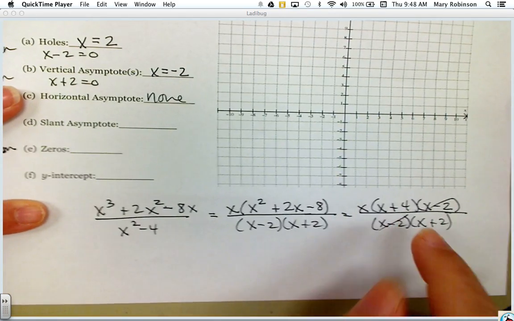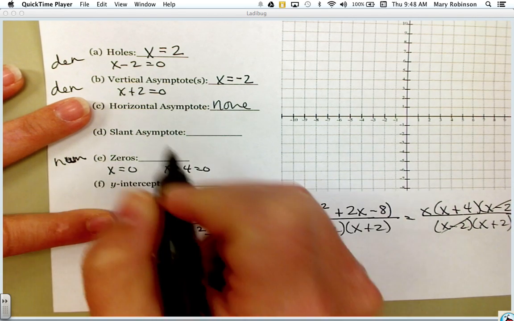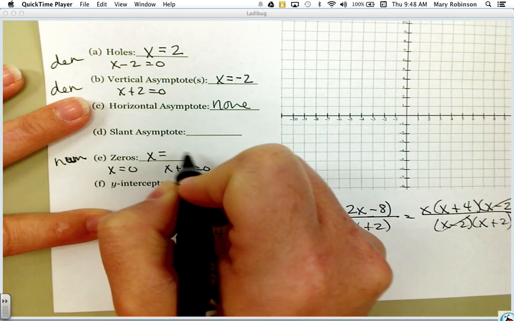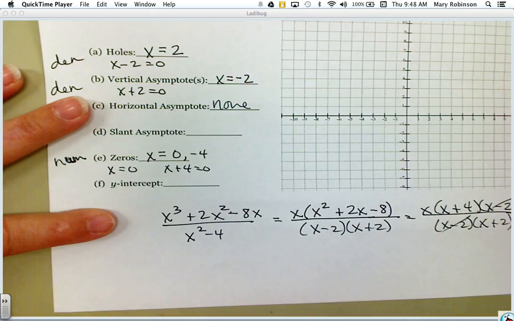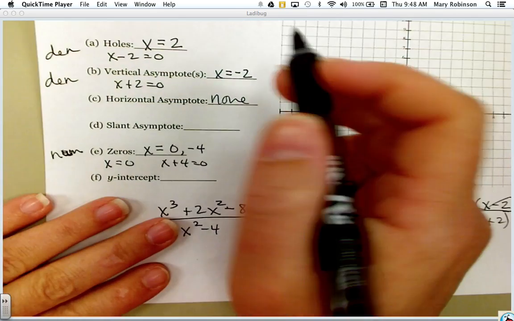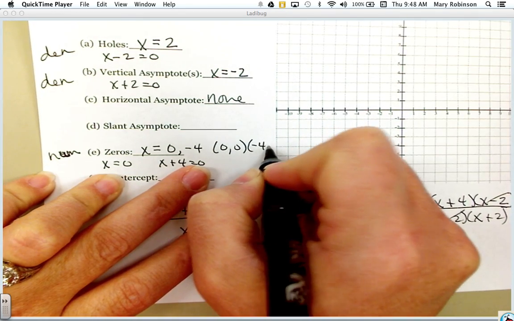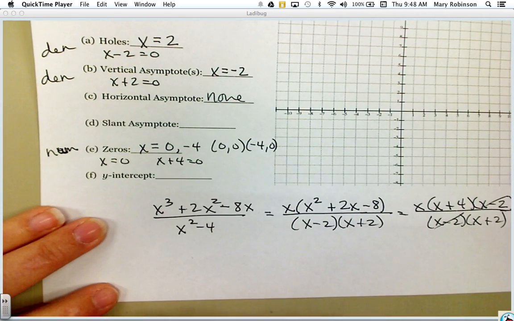So the factors that did not cancel. So if we set x equal to 0 and x plus 4 equal to 0, we would have x-intercepts at 0 and at -4. But don't put parentheses. If you put parentheses, it'll look like an ordered pair. It would be okay, however, to write 0, 0, and then -4, 0. So those are our zeros.